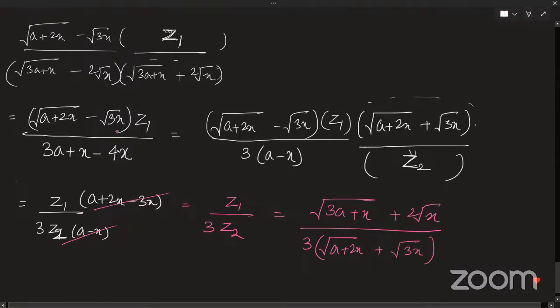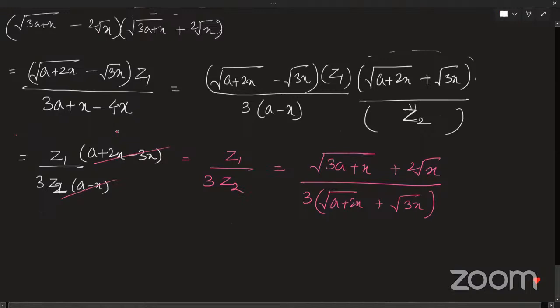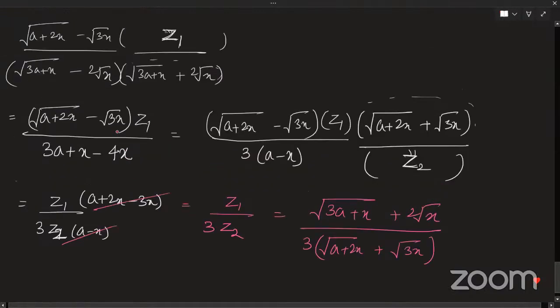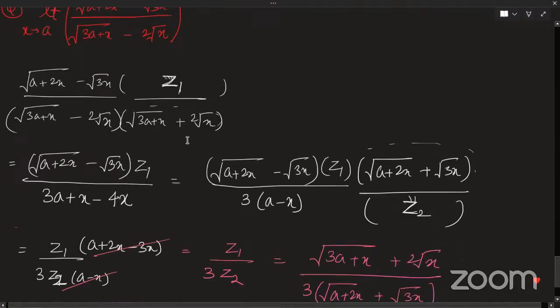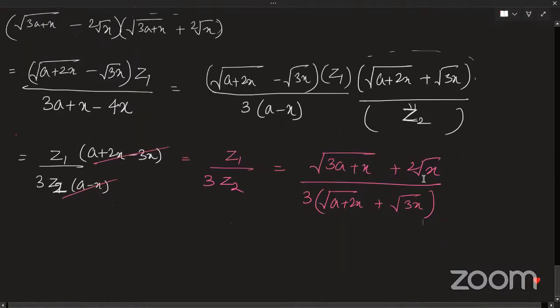And now the limit, first numerator, you can write under root 3a plus x minus 2 root x.